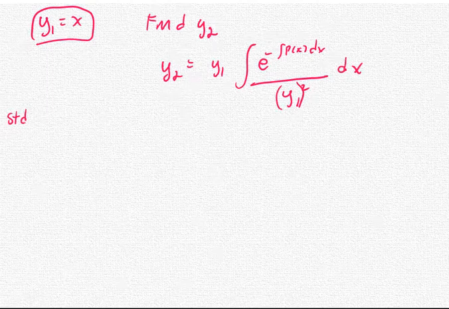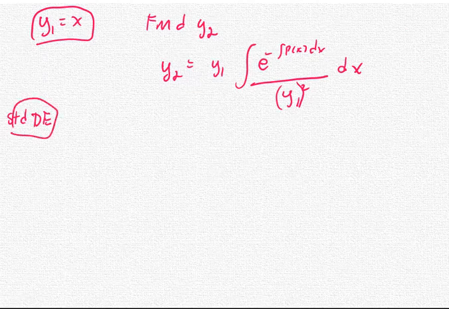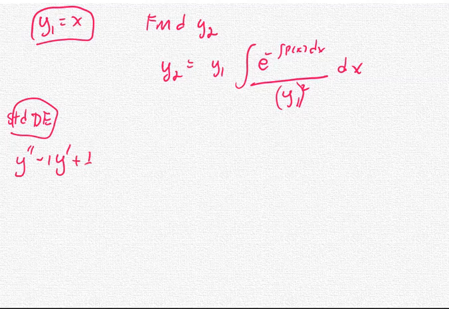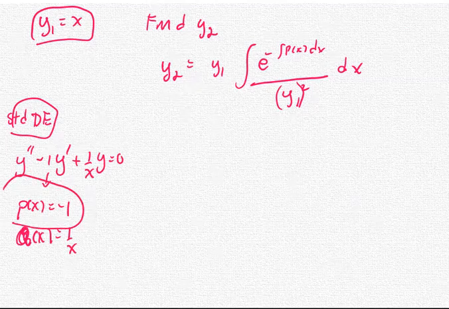Back to the standard form of the differential equation that we have, which is y double prime minus 1 times y prime plus 1 over x times y equals 0. That means p(x) equals negative 1, and q(x), which is 1 over x, we do not use in the formula. We use p(x).